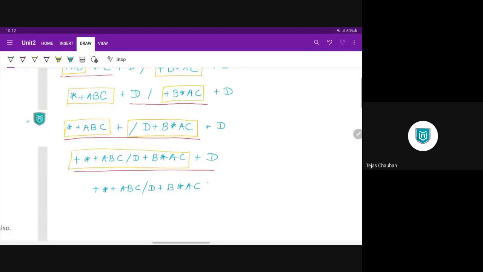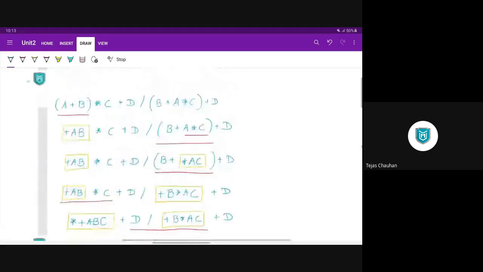Then we bring the second operand D, and at the end we prepend our operator plus, and this one is the correct answer for the second exercise. Plus plus star plus ABC divide D plus B star ACD. And that's the entire process of solving that part.